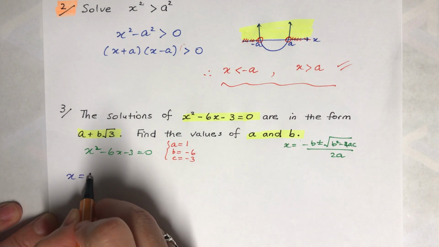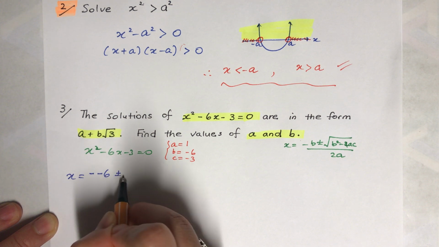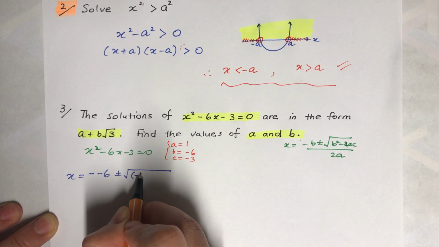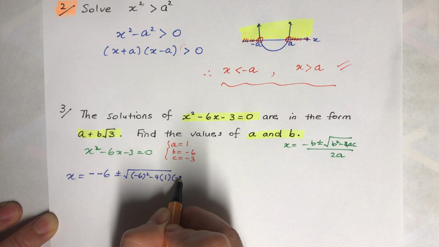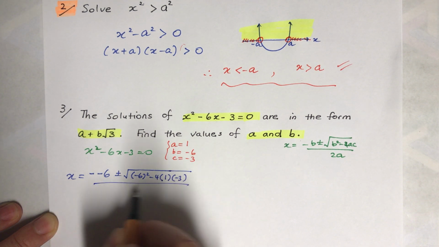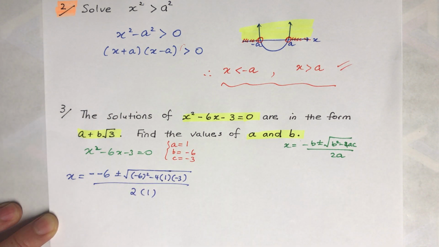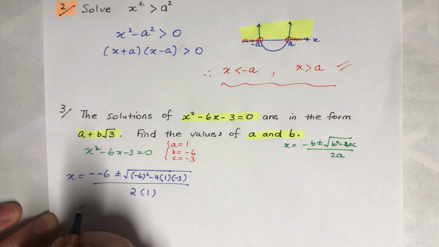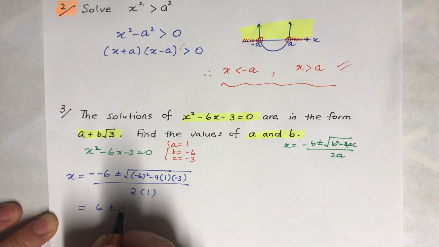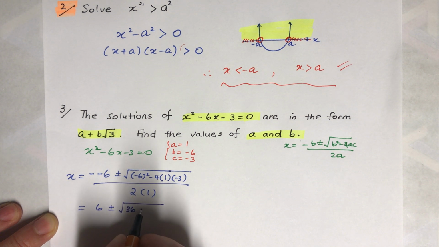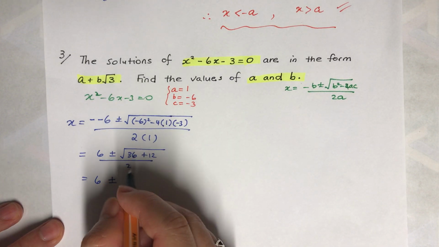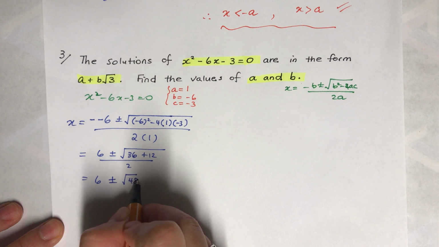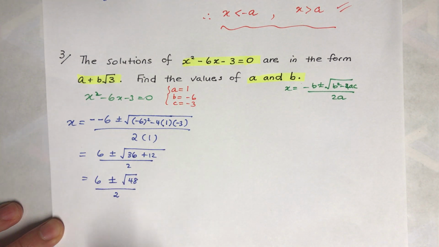x equals minus minus 6 plus minus the square root of 6 squared minus 4ac, over 2 times 1, and I'll get 6 plus minus root 36 plus 12 over 2, 6 plus minus root 48 over 2.